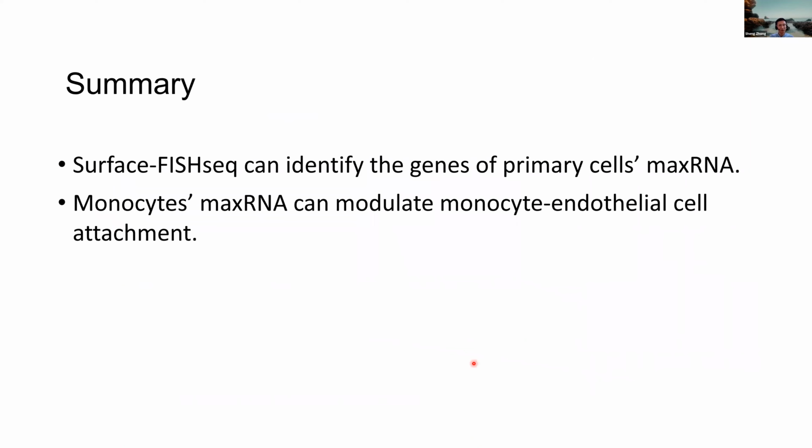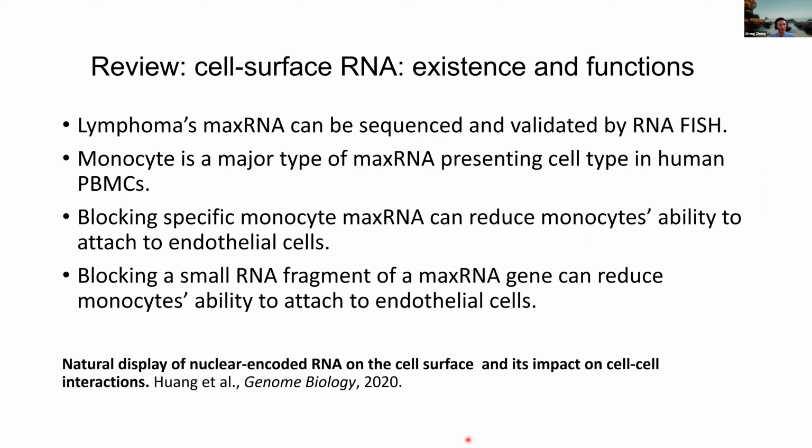So if I were to summarize, this technique, surface-seq, can identify the genes of primary cells' max RNA. And what we have discussed so far, we feel that we have tested Leonid Weiss's suspicion. Lymphoma cells do present max RNA on their surface, and it's verifiable by both sequencing and RNA-FISH.